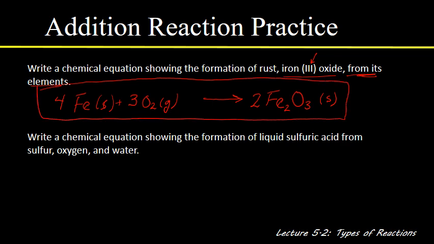Okay. And the second one, let's see, formation of liquid sulfuric acid from sulfur, oxygen, and water. Sulfuric acid, we talked about nomenclature of acids a while back. You remember, I hope, that sulfuric acid is H2SO4, and the problem says we're producing it as a liquid.